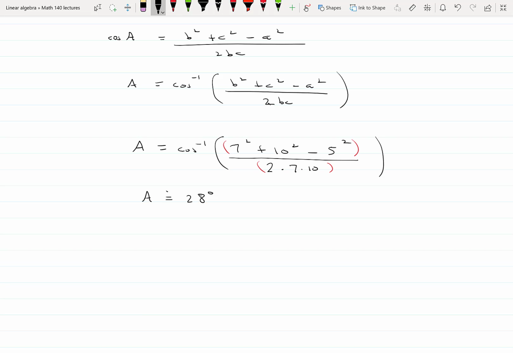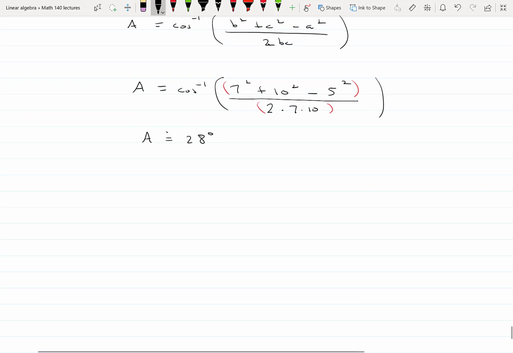I'm going to do the same thing with B. I want the angle B. I'm starting out with the version of the law of cosines that starts with b.